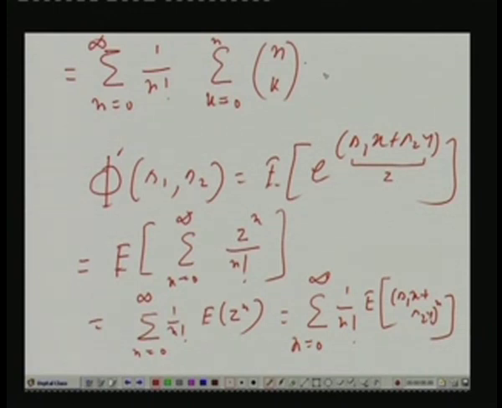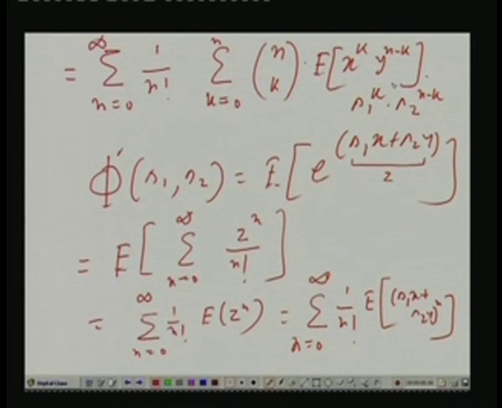Then there will be this product S1x whole to the power k, S2y whole to the power n minus k, out of which S1 and S2 can be separated out. So, we get E working on x to the power k, y to the power n minus k, and again S1 to the power k, S2 to the power n minus k. You see this moment is coming here, x to the power k, y to the power n minus k, its expected value. Summation of the two powers is equal to n. So, it is a moment of nth order, right.